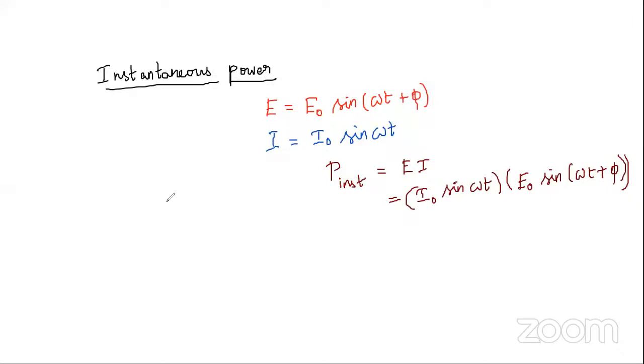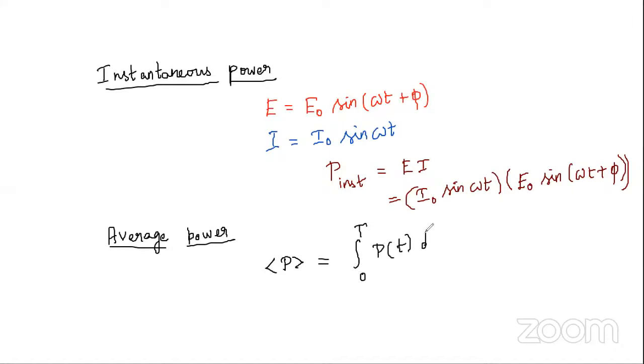And how to calculate the average power in an AC circuit? Average power can be represented using this symbol: integral 0 to T of P(t) dt, whole divided by integral 0 to T of dt.